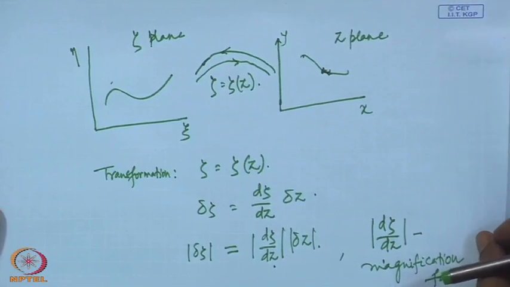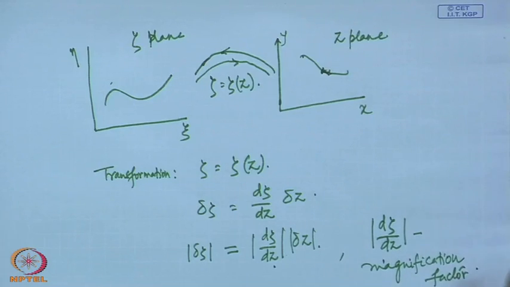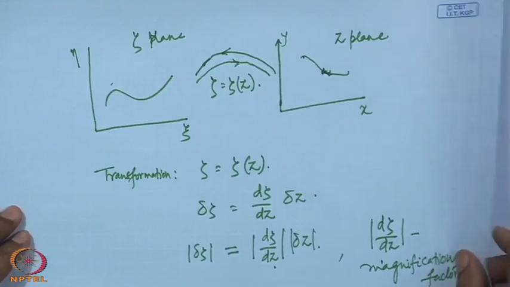Now, let us see what happened to the argument. This is the magnitude, the length. What happens to its argument? What is the argument of the left hand side?